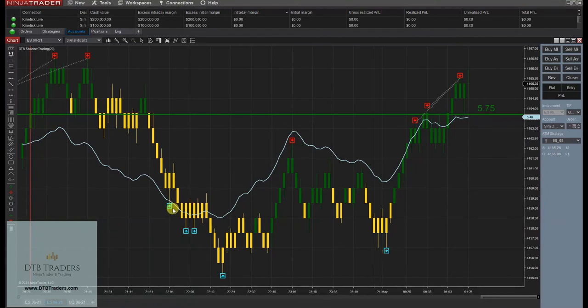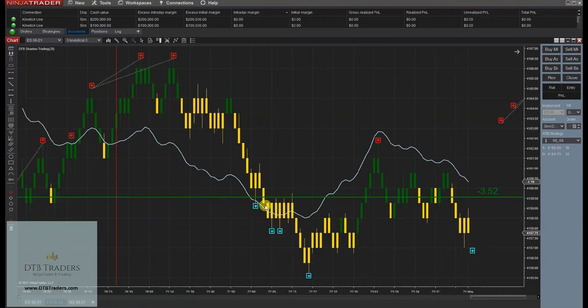As you can see, not every single time an arrow paints does the price go in that direction, but a fair majority of the time it does. Those did not repaint. They painted a signal to go long, signal to go long, signal to go long.